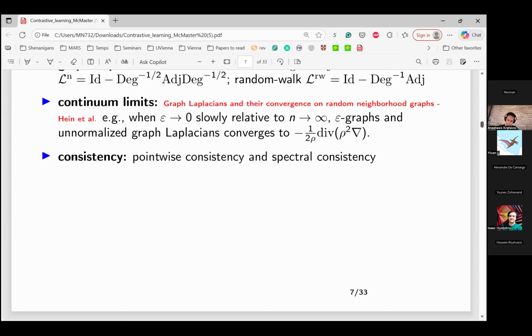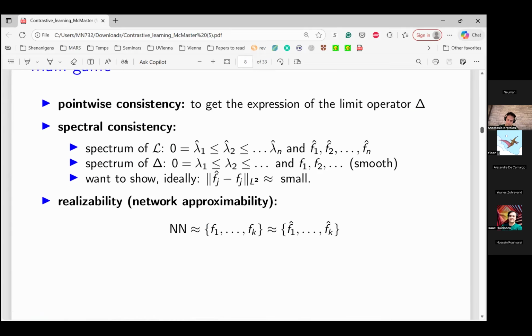And once we know what the limit looks like, so we have an actual concrete limit operator delta, we're going to talk about spectral consistency. Spectral consistency for us just means closeness in eigenvectors and eigenfunctions.